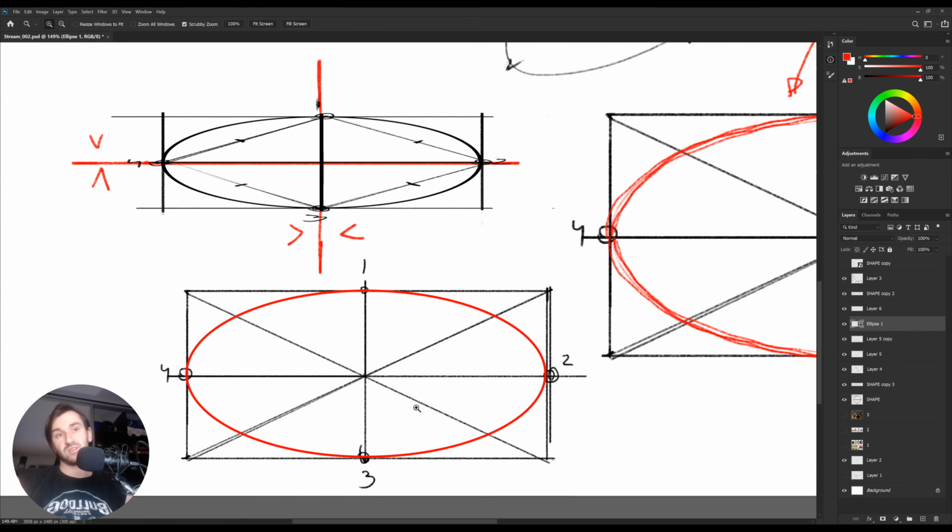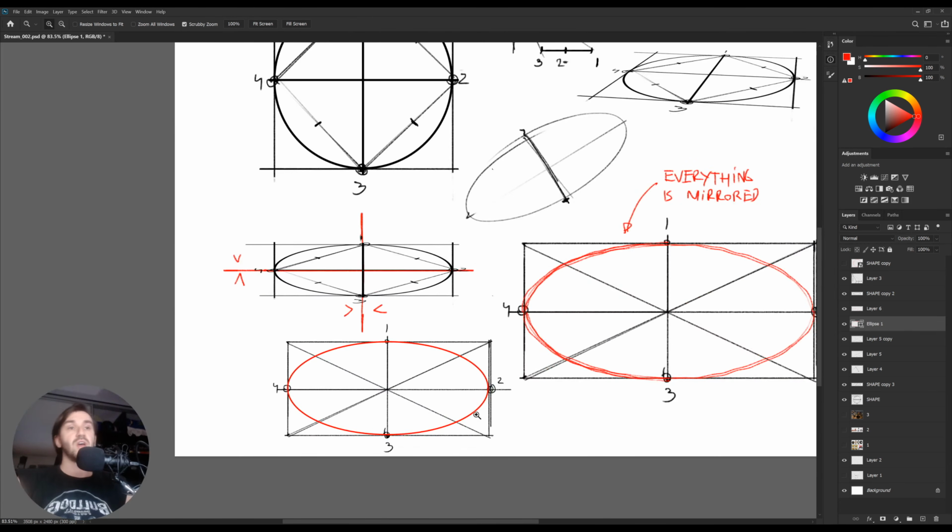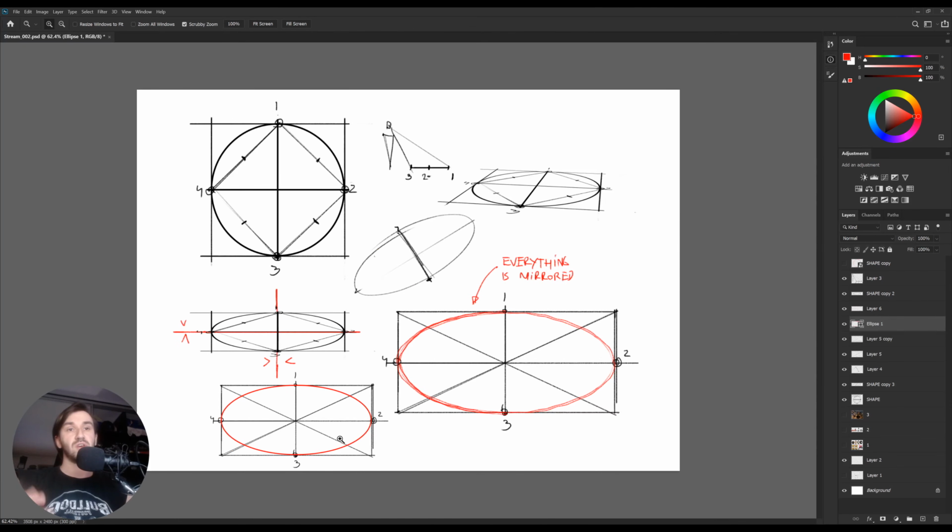So this is the best way to achieve a really clean looking ellipse in a drawing, but it does not mean we should only use this tool. It means that we should be training how to draw them, and then eventually use this tool to help ourselves with the quality of those lines. So let's connect all of this.